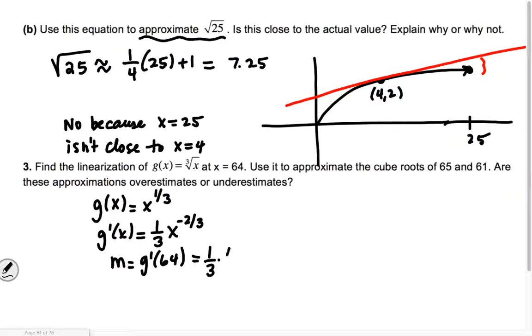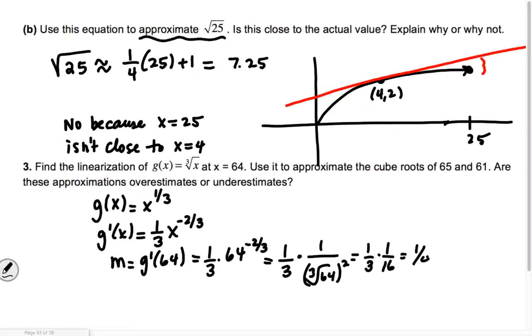The negative exponent makes 1 over the cube root of 64, and then squared. So we get 1/3 times 1 over 16, which is 1 over 48. So that's our slope.